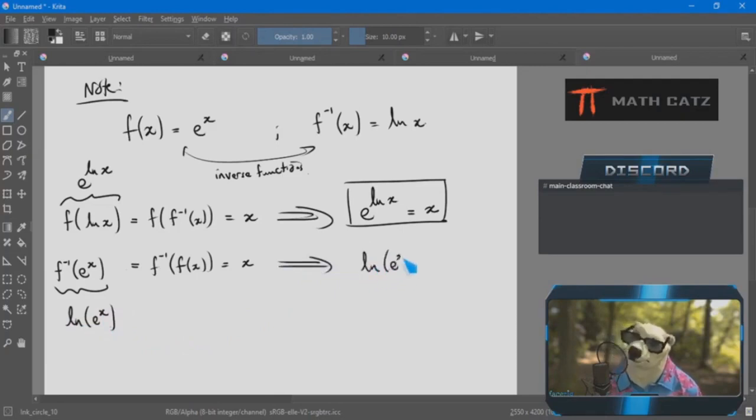Natural log of e to the x is x. Okay. So these two properties are very useful. They're going to come up numerous times. And all it requires is an understanding of the relationship between the exponential function and the logarithmic function, and the fact that they cancel each other.